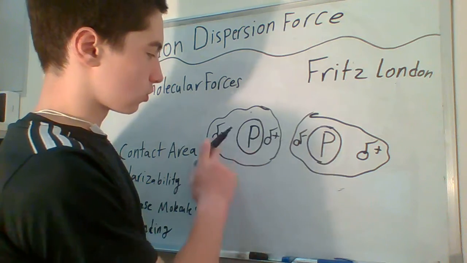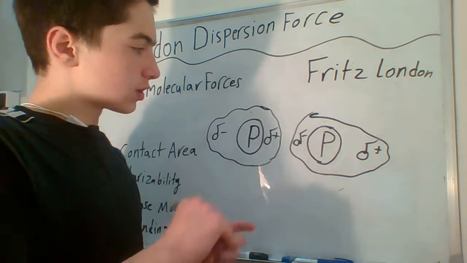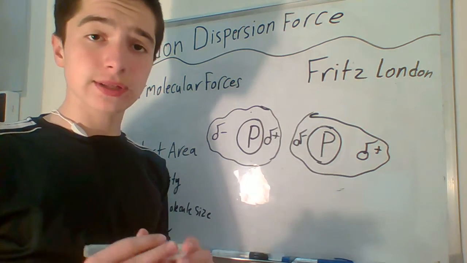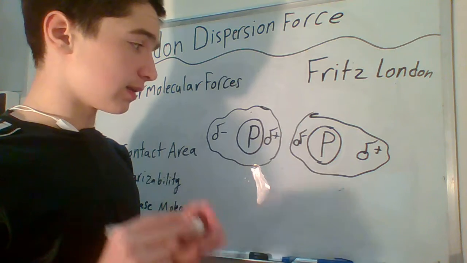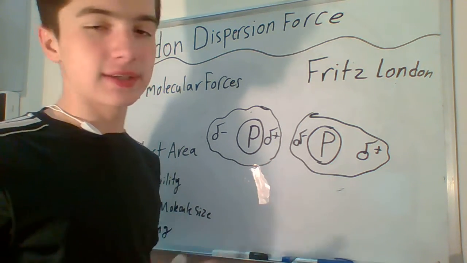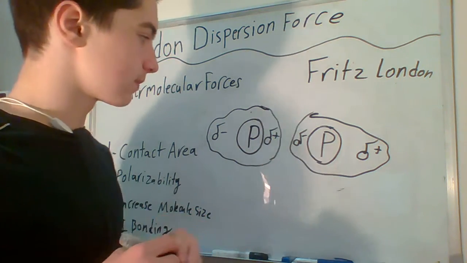We're going to talk about those later in another video, which is about the dipole force. Those are delta negative and delta positive. Whenever we have a temporary dipole-dipole force, the molecule or the atom should have a positive and a negative charge at the ends of the sides.